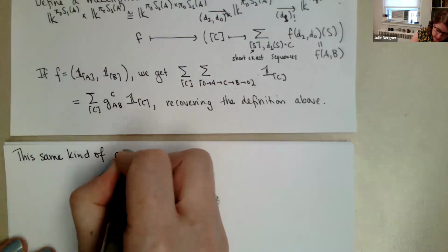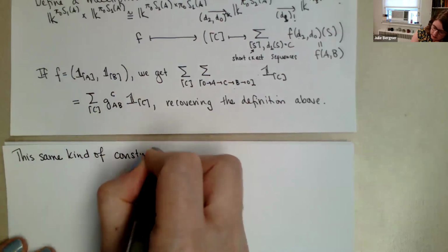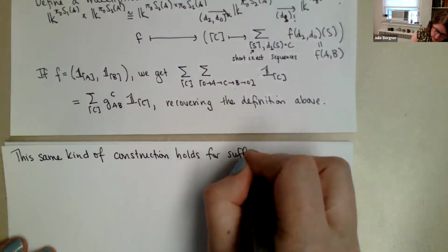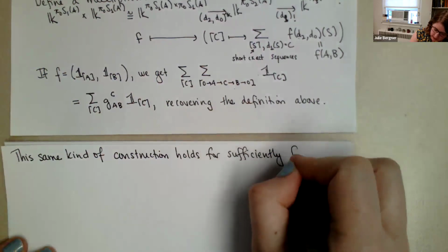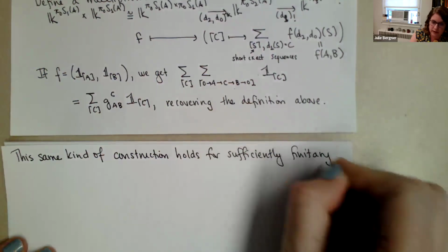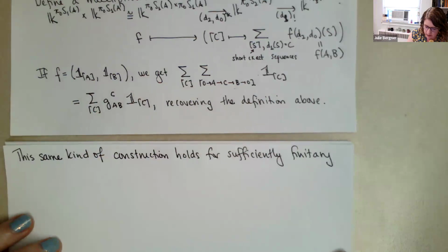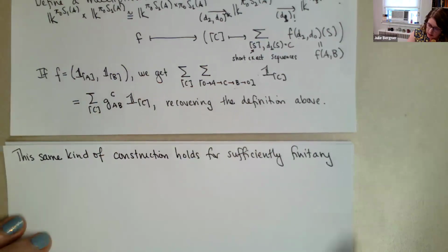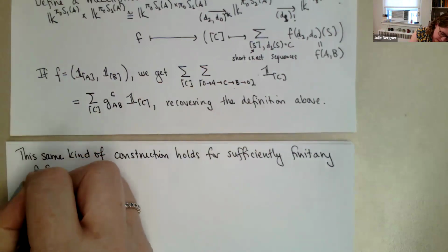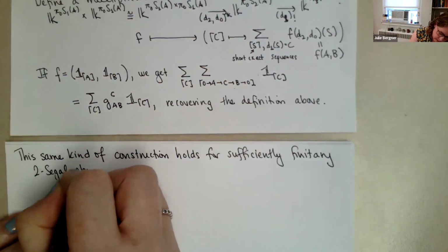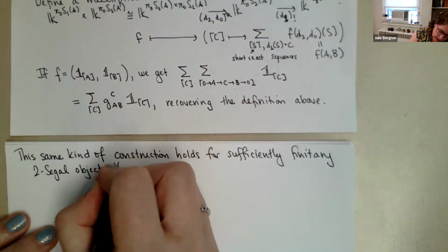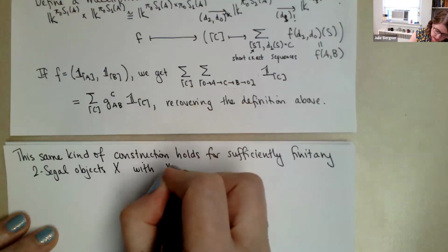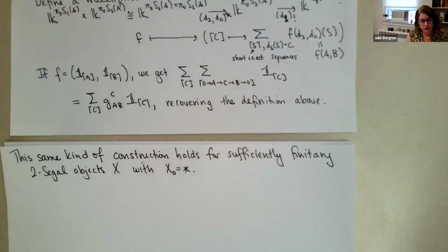But for the same kind of construction, we need sufficiently finitary 2-Segal objects X, by which I'm just saying that all the summations we need are well defined. And to get an algebra, we need X_0 to be a point.